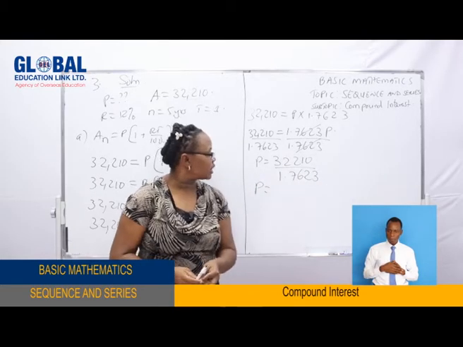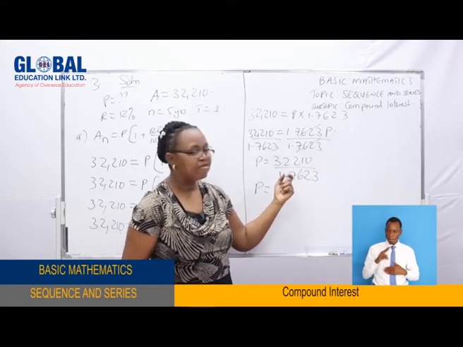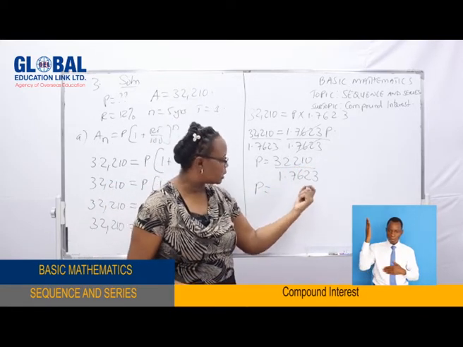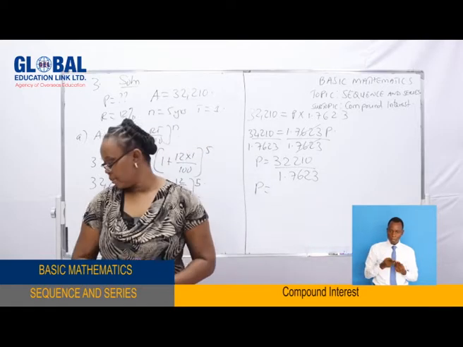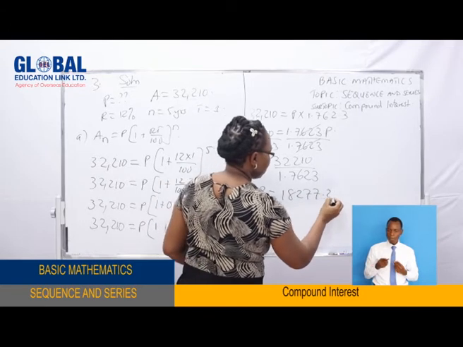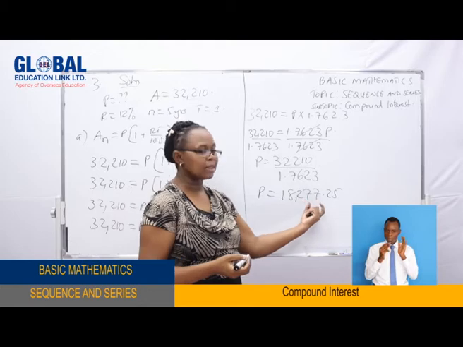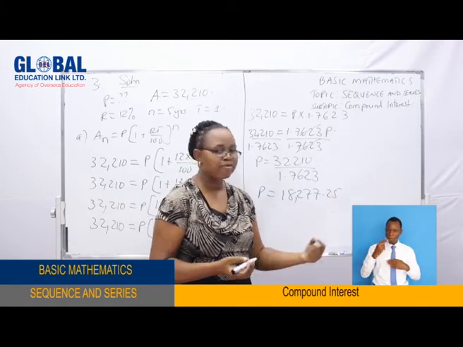By dividing 32,210 by 1.7623, we obtain that P is equal to 18,277 and 25 cents.